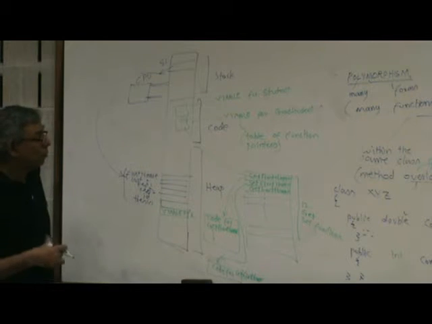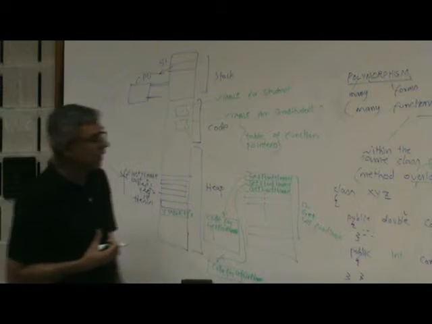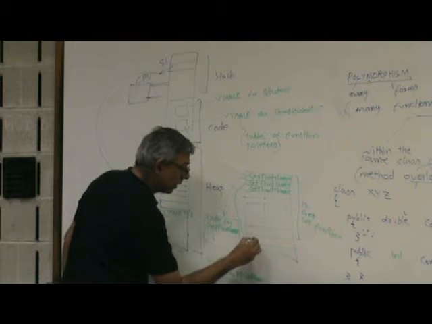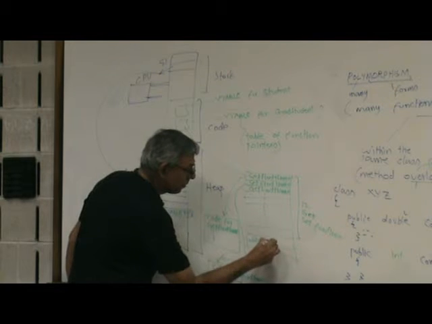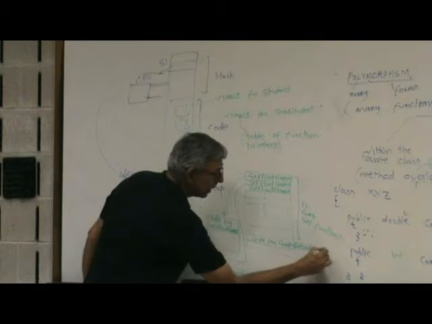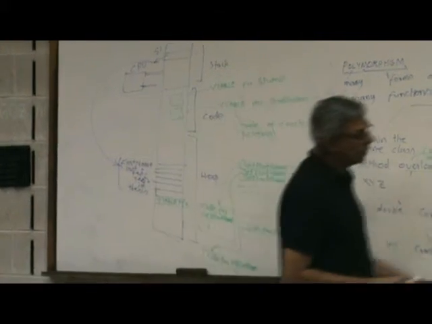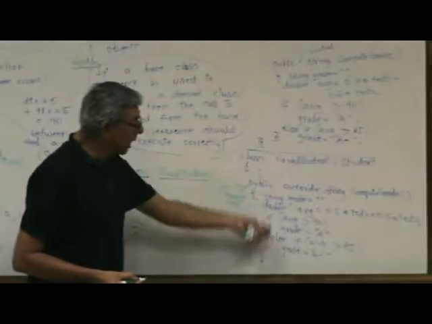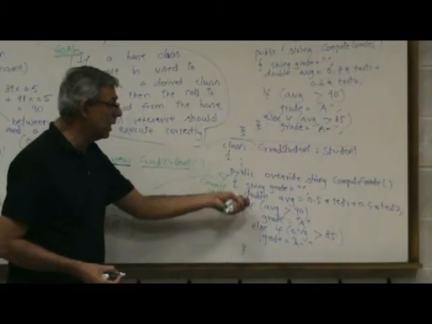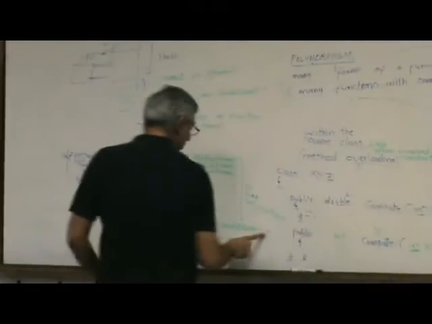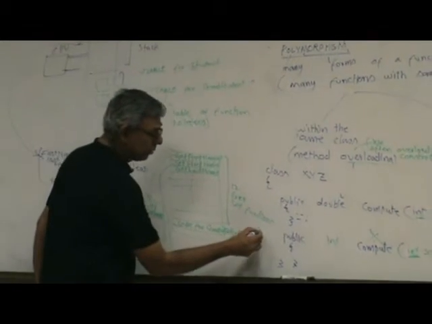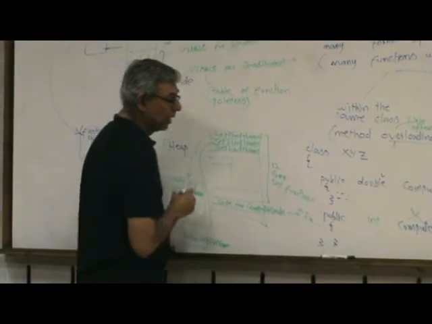What additional method do we have inside the grad student? Compute grade. So there will be one entry over here, code for compute grade. And where will this be pointing to? All this code will get compiled into machine language. Wherever it's stored in the code area, this pointer over here will be pointing to that code. So that's the one which will be pointing to 0.5 times test 1 and so on.